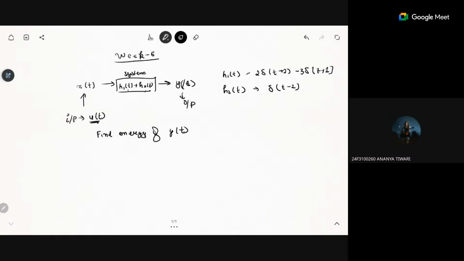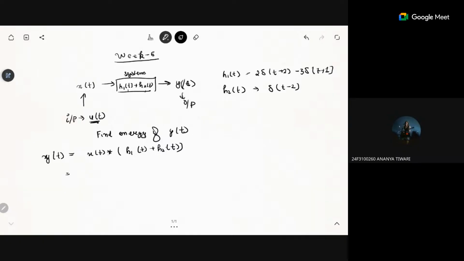Now, y(t) is equal to what? x(t) convolved with h1(t) plus h2(t).